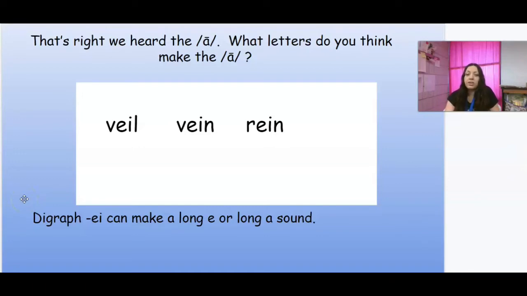What letters do you think are going to make that A sound? Veil, vein, rein. Digraph EI again. So digraph EI is a little bit different. It can make the long E sound, which is pretty normal because a lot of times when we have those two vowels go a walking, the first one's going to do the talking, right? Or it can make a long A sound, which is a little bit different.